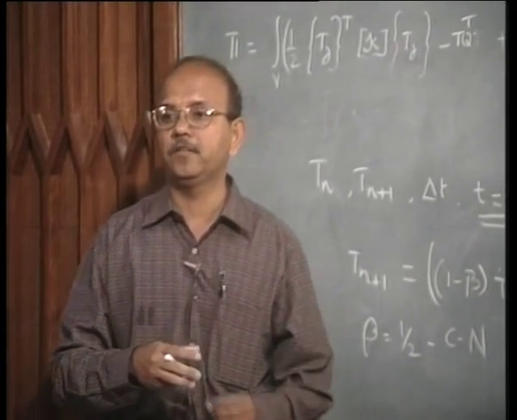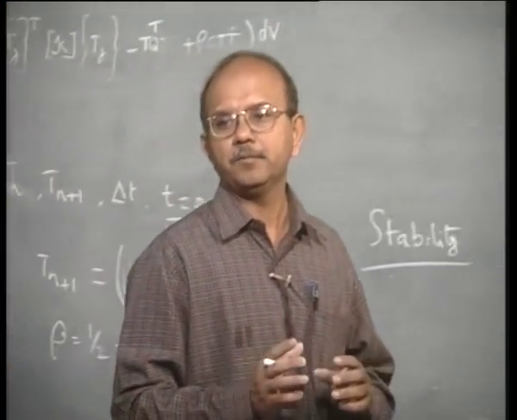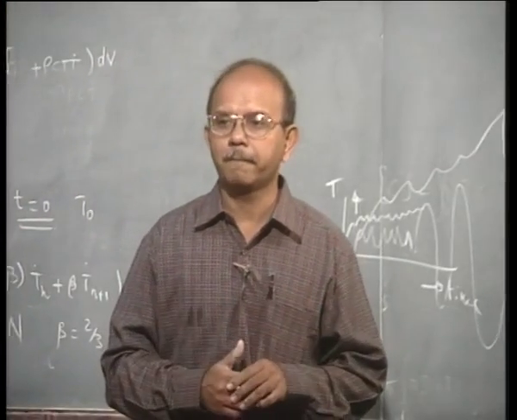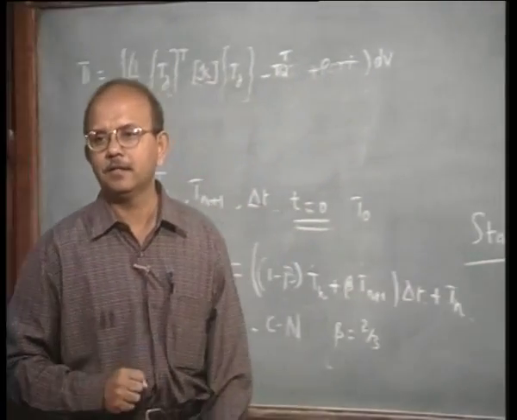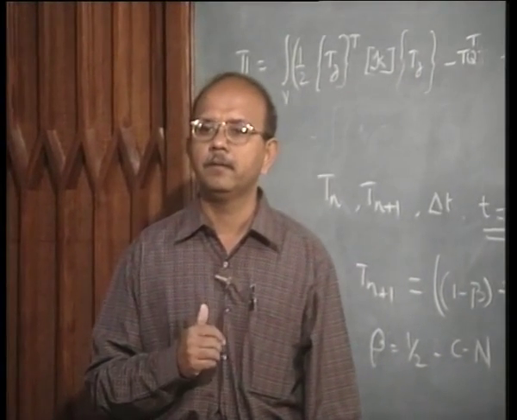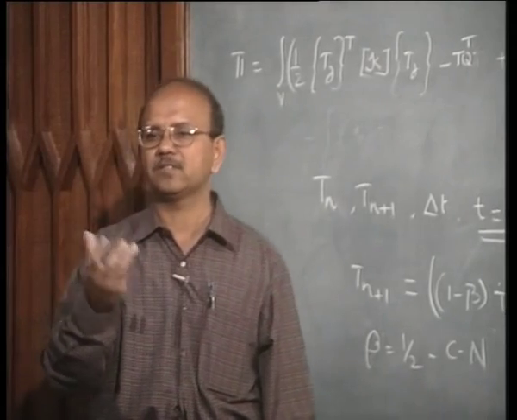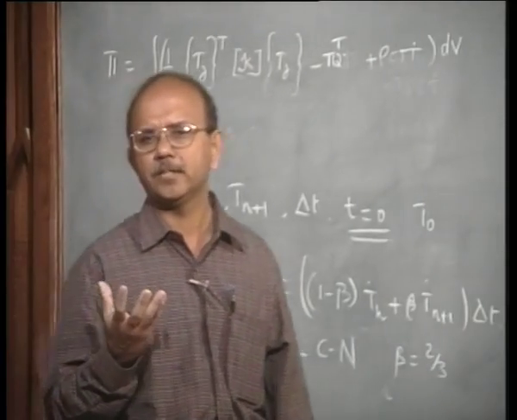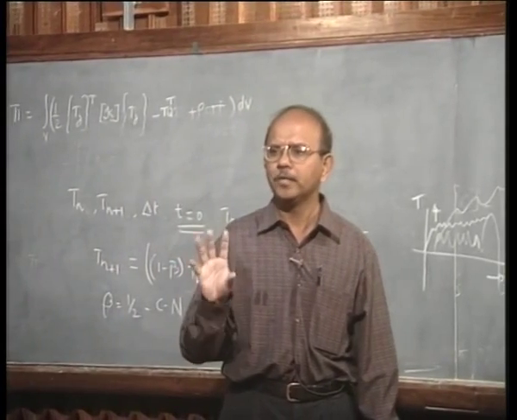In other words, especially when the transients are large, Crank-Nicolson schemes start oscillating. This has a lot of practical significance. For example, many people do casting simulation of a casting process. After all, what is the simulation of a casting process? It is a transient heat transfer problem. How do we deal with it?